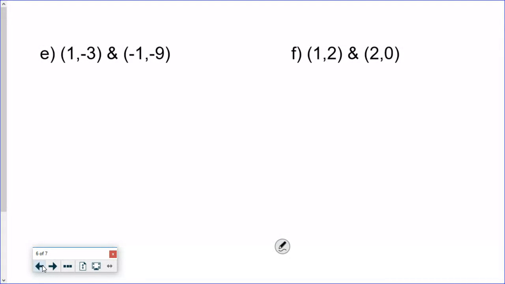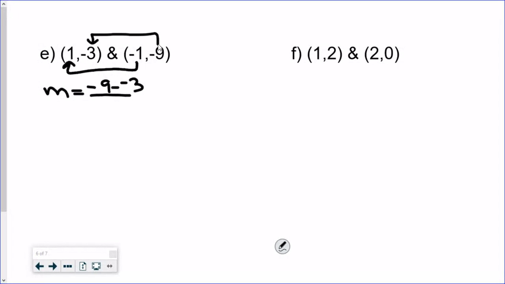Okay, so I'm going to keep going. What's my slope? -9 minus a -3. -1 minus 1. Keep, change. Keep, change gives me a slope of positive, actually. A negative over a negative is a positive.